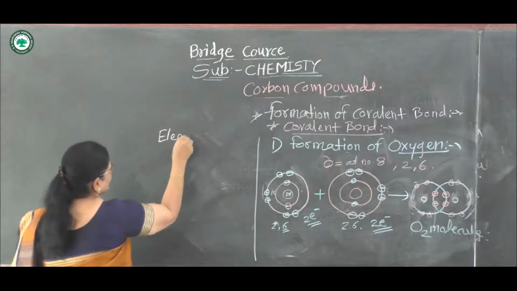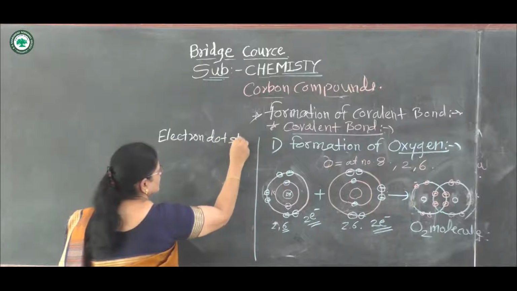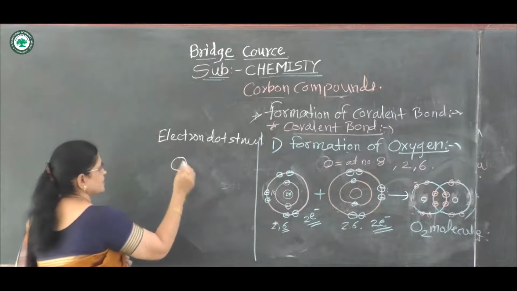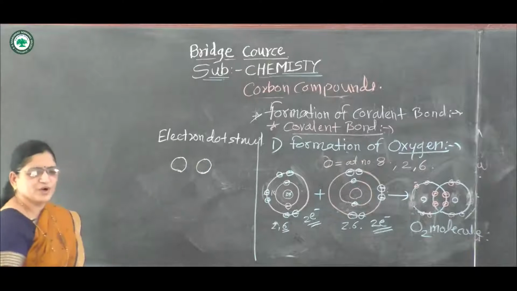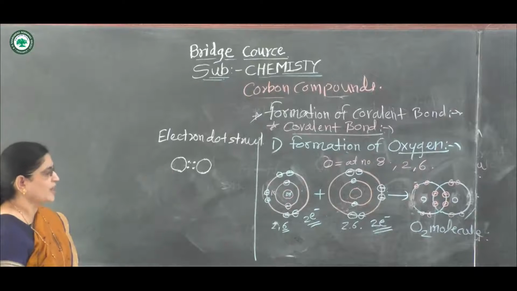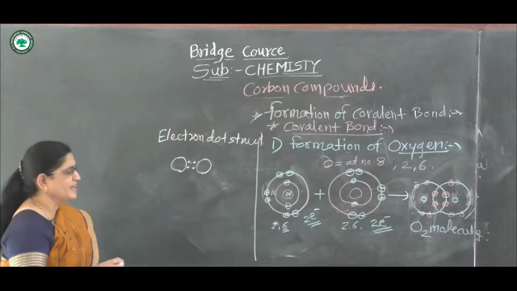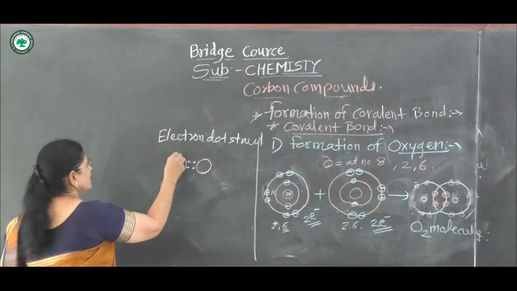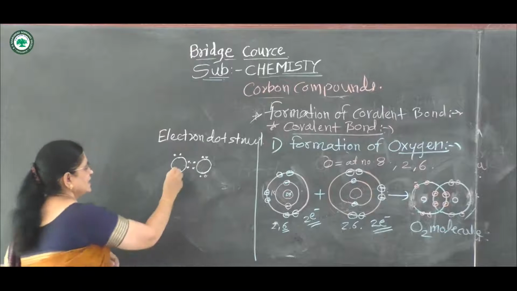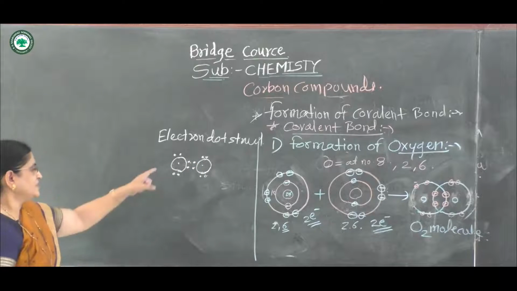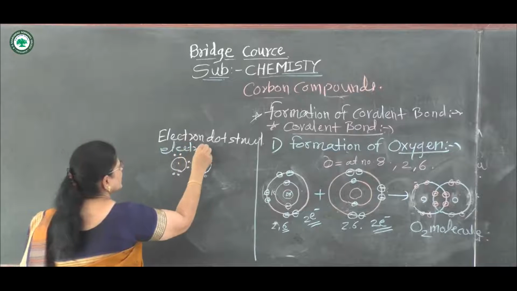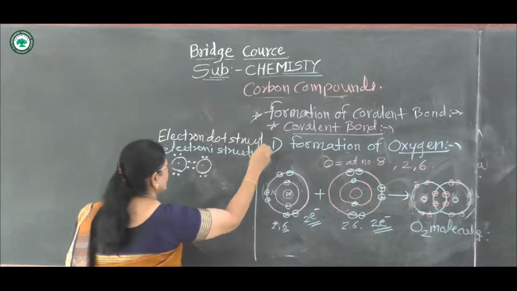The electron dot structure, also called the electronic structure of oxygen, is as follows. Suppose this is the first oxygen atom and this is the second oxygen atom. Each atom shares two electron pairs, and the outermost orbit has 6 electrons. Here are two lone pairs of electrons of the first oxygen and two lone pairs of the second oxygen, and they share these two electron pairs. This structure is called the electron dot structure, or electronic structure.